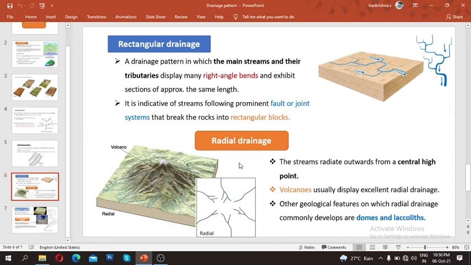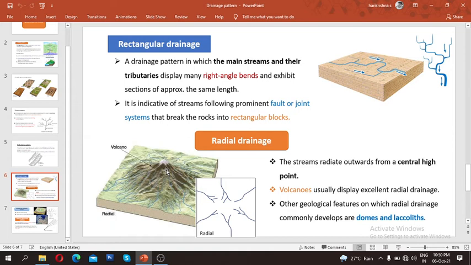Then finally, the radial or radiating structure. This radial drainage pattern is usually observed in domes. Mainly we can say volcanoes, which will be a dome structure, then in particular domes or volcanic eruptions or laccoliths. These all have very steep slopes.